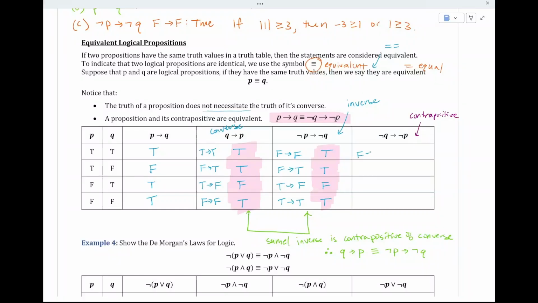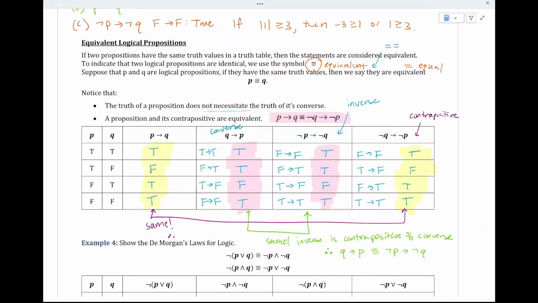So false implies false, that's true. True implies false, well, that's false. False implies true, that's true. And true implies true is also true. So now I'm seeing that these and these are the same. Come over here. These are also the same.